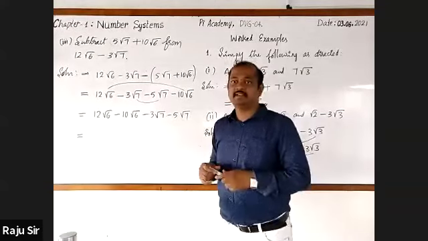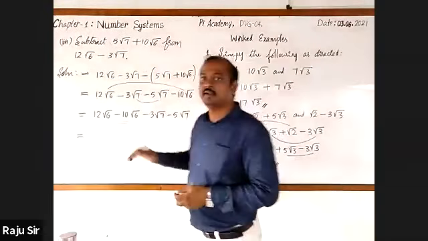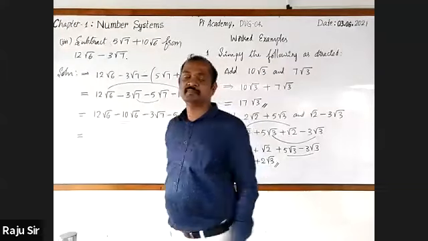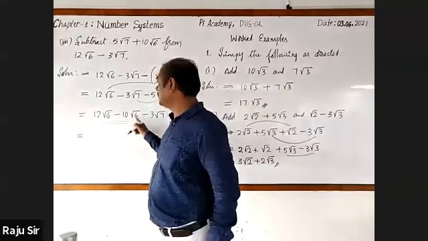Okay. First you tell, simplify this. 2 root 6. 12 times root 6 minus 10 times root 6.